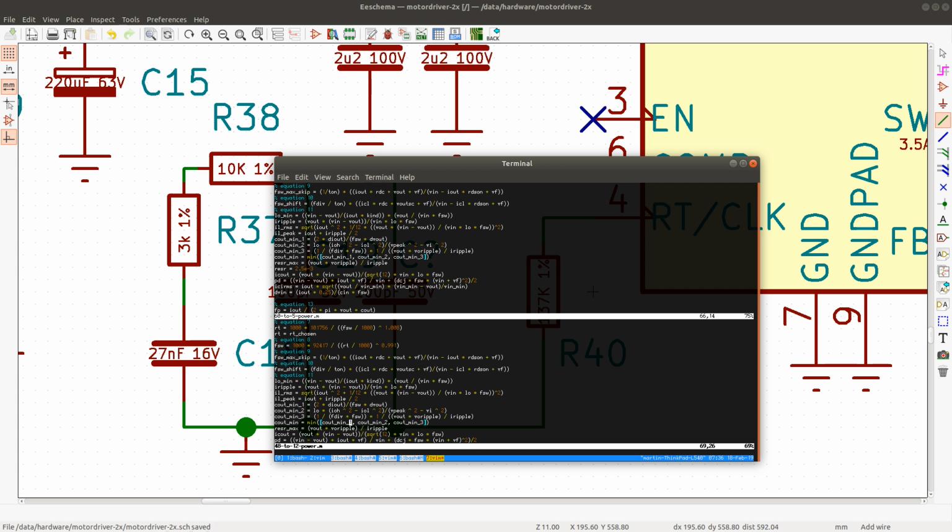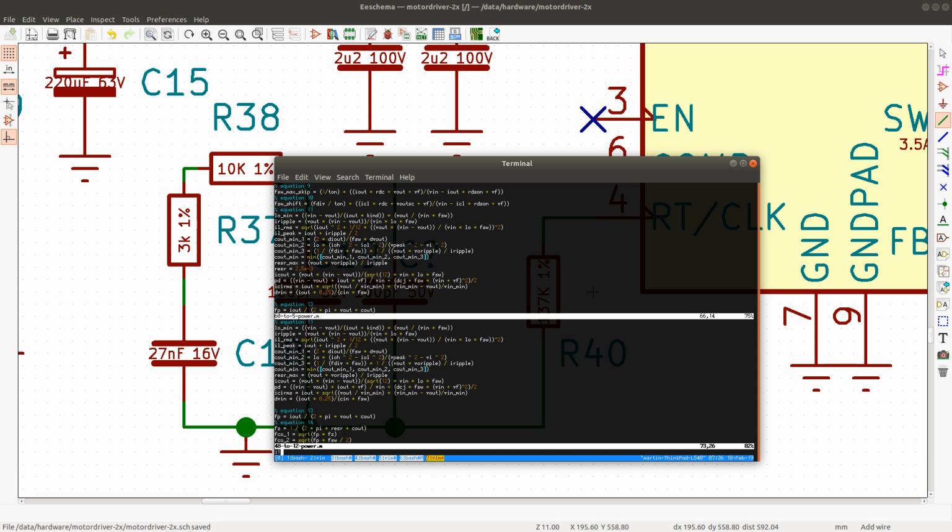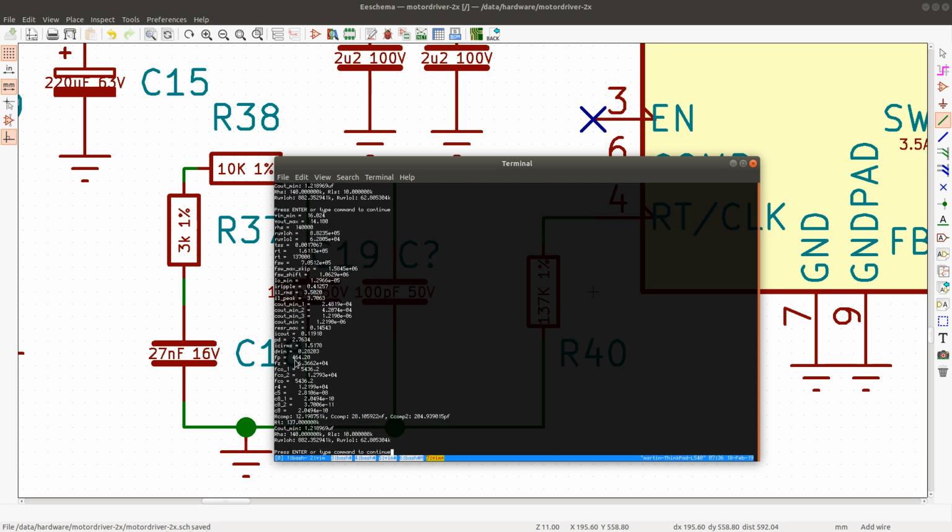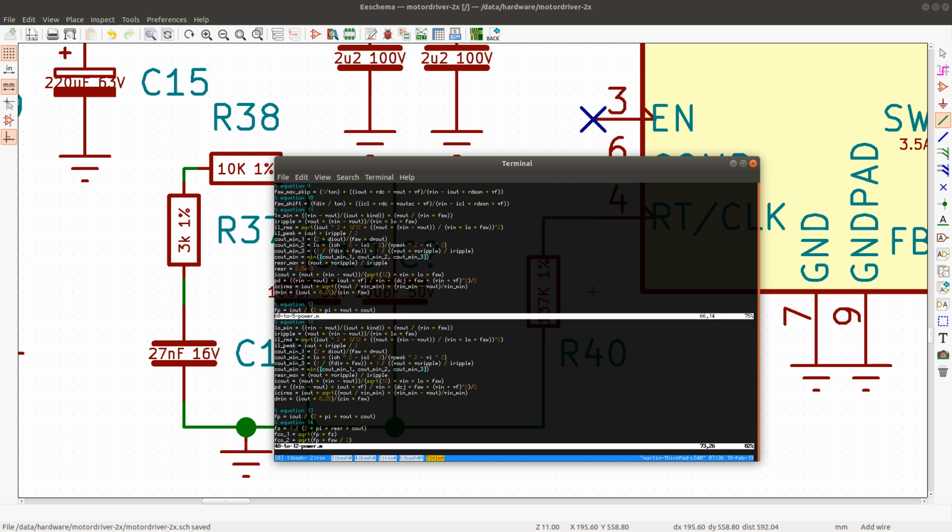And the inductor peak current, and also the minimum output capacitance, C out min, which is like 1.2 microfarads. So basically the limits are changed, but considering that we have chosen components with a large margin, we don't need to change any components after making these adjustments.